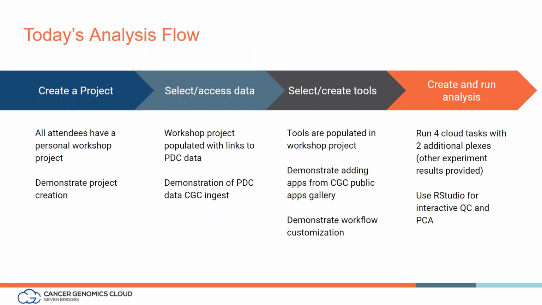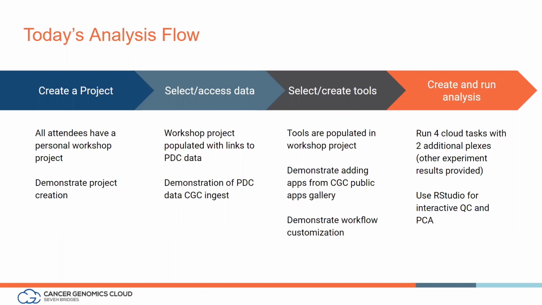So let's refine this. Today's analysis flow is: all attendees that want to participate, log in and review your workshop project. I will demonstrate how to make a project because it's a very important concept, but yours is already made for today. Then, the workshop project has already been populated with the PDC data, but we will demonstrate how to ingest that data if you want to repeat this project or try a different disease case.